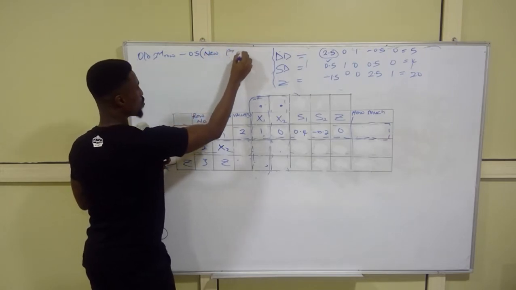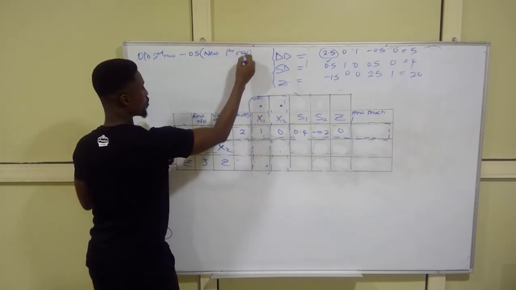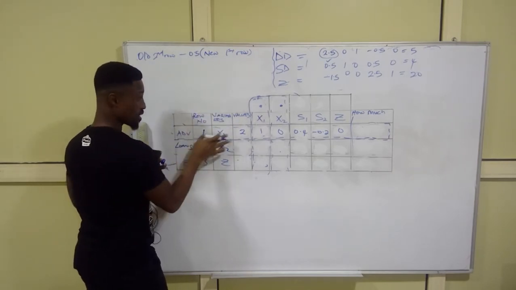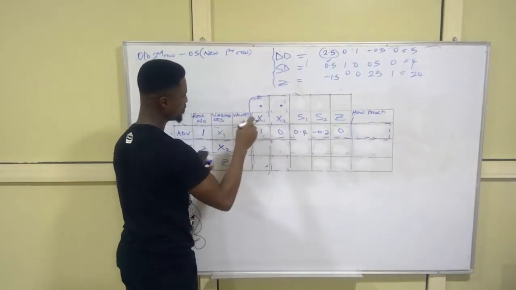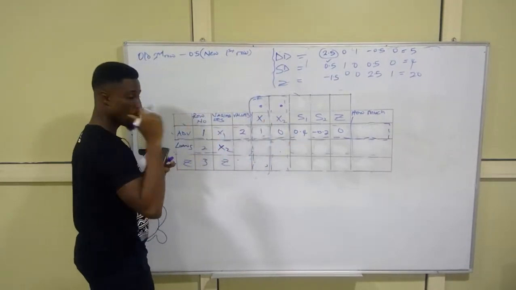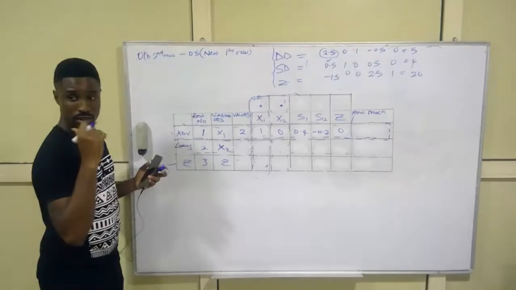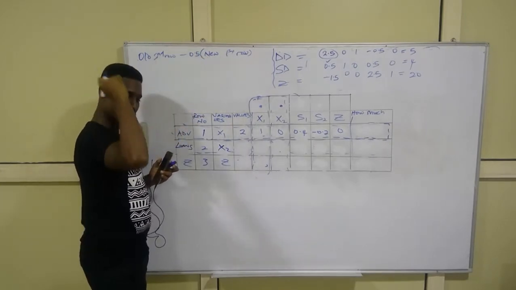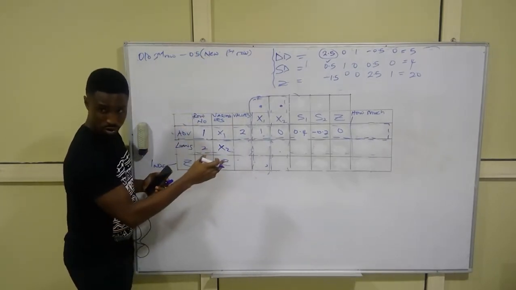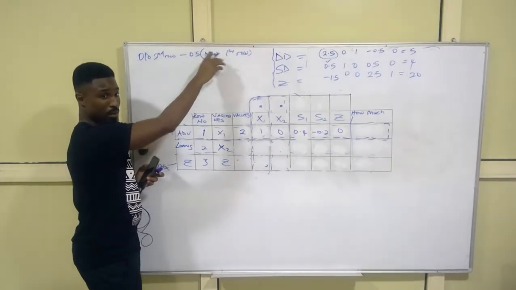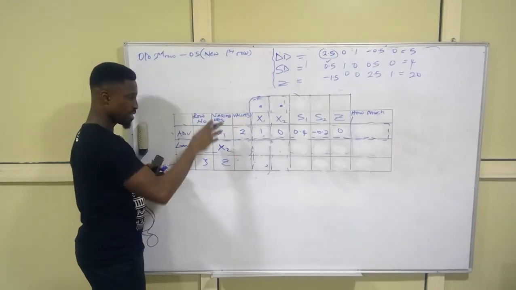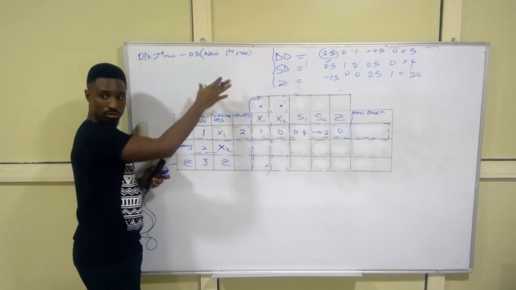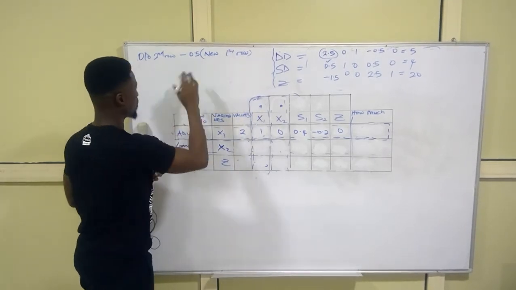Now I know the question is, why is it the new first row? It's the new first row because this was our pivot row from the last table. Whatever your pivot row is in the last table is what you use as the new row that you multiply by. For the first one, the pivot row was the second row, so that's why we multiplied by the new second row. But this time our pivot row is the first row, so we are multiplying by the new first row. Are we clear now? So that it doesn't confuse anyone.